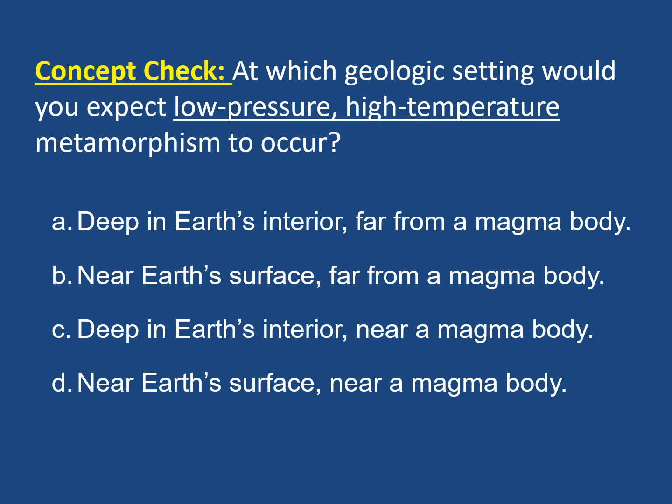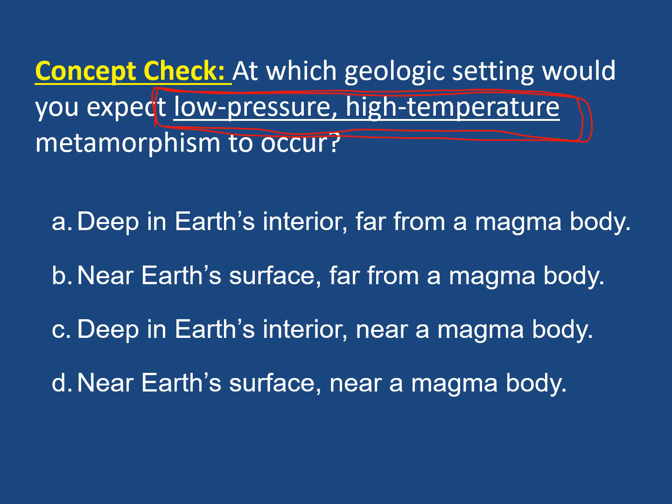And another concept check. At which geologic setting would you expect low pressure, high temperature metamorphism? So here we're kind of reversing what we did in the last question, low pressure, high temperature. I'll give you a couple seconds here to decide. Okay, here's how I would approach this question if I got it on an exam.